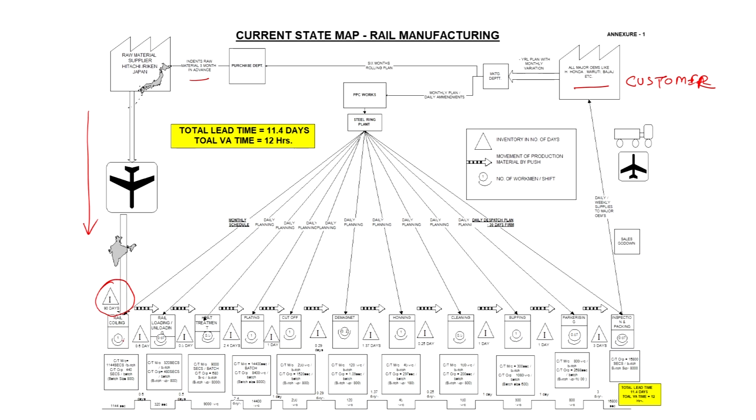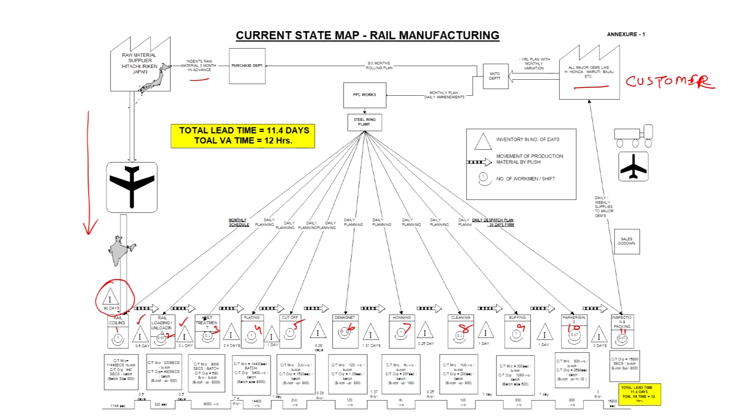Now, these are the various manufacturing stages, manufacturing stage 1, 2, 3, 4, 5, 6, 7, 8, 9, 10, 11, where 11 is inspection and packing. So, you have 11 manufacturing stages, and in between the two stages you are keeping the inventory points.